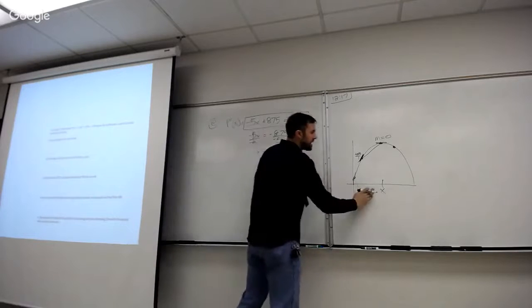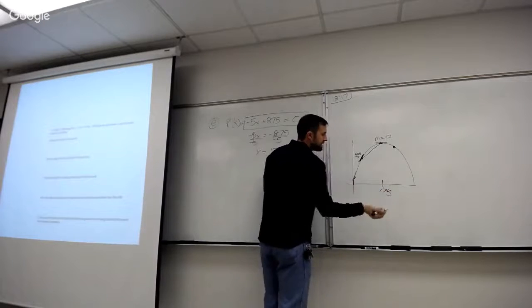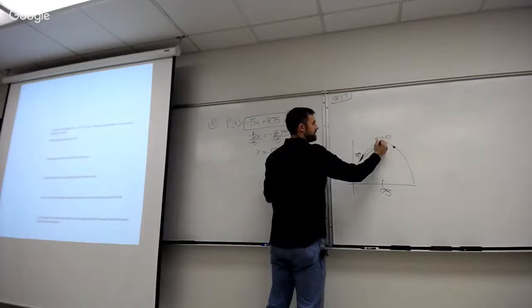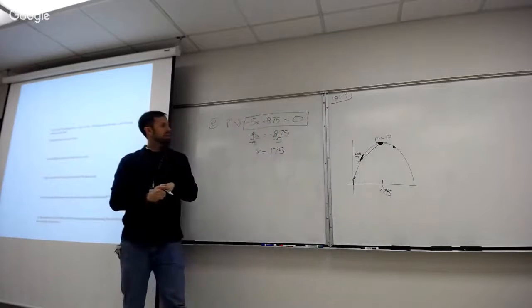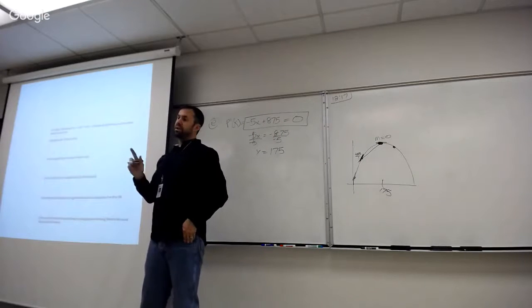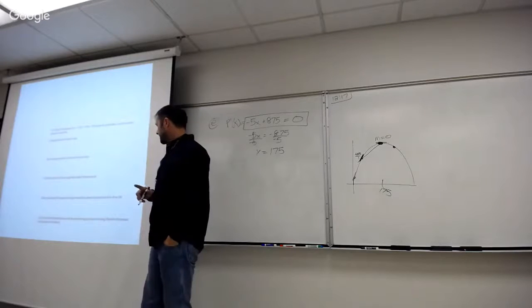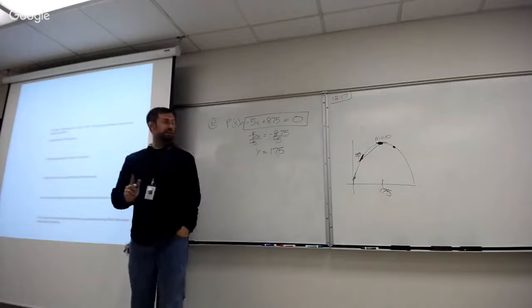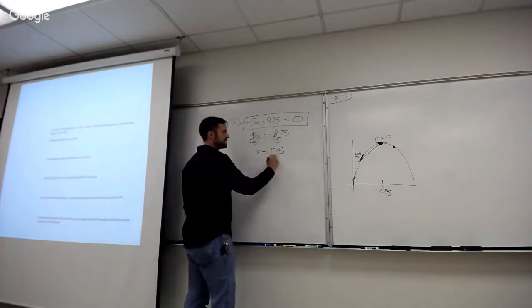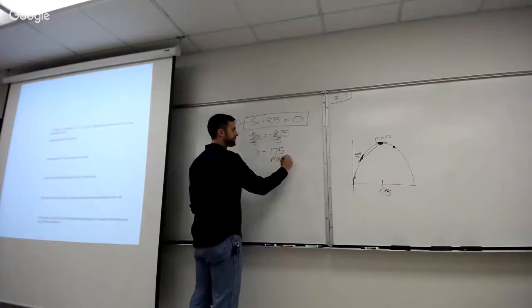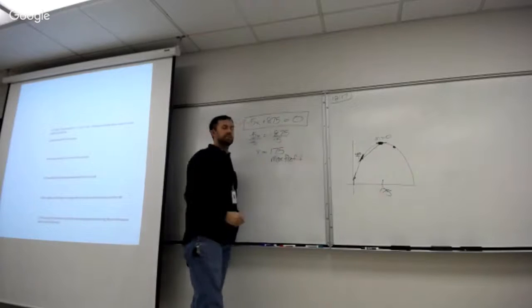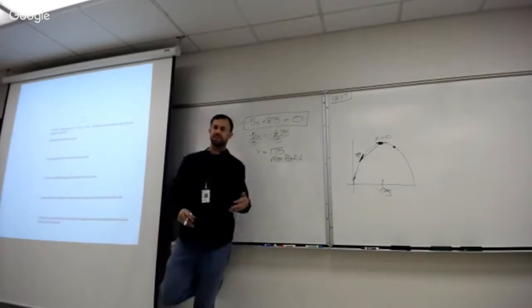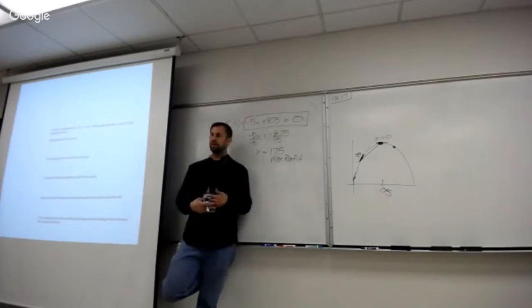Okay, now back to the graph. That means at 175 items, the profit is at a maximum. So 175 is the number of products that must be sold when the profit stops increasing and starts decreasing. And what that really tells us is maximum profit. So again, do you have any motivation to continue selling items after maximum profit?